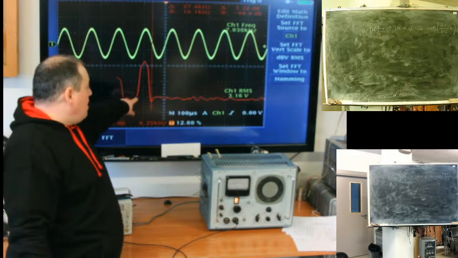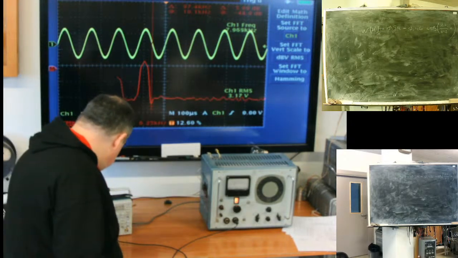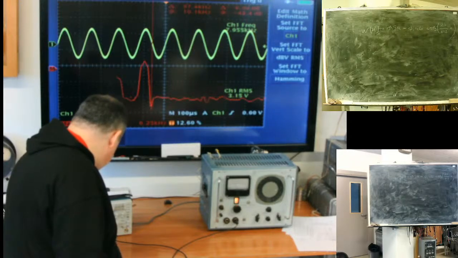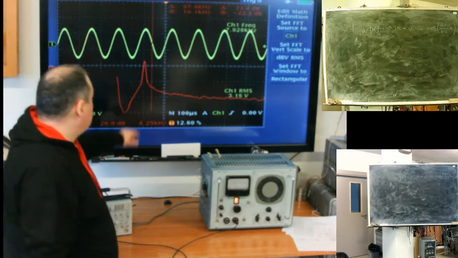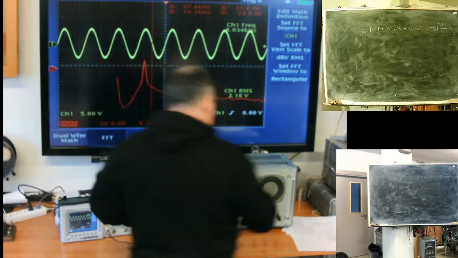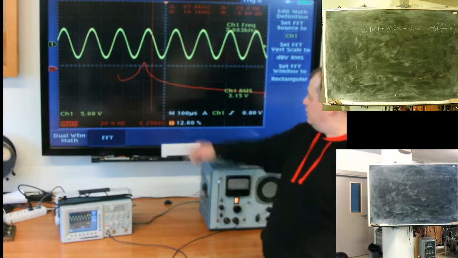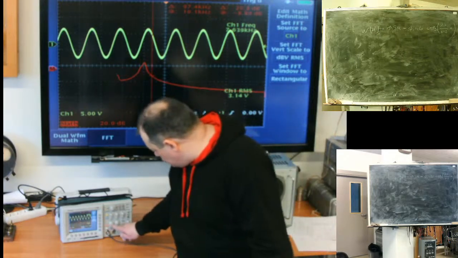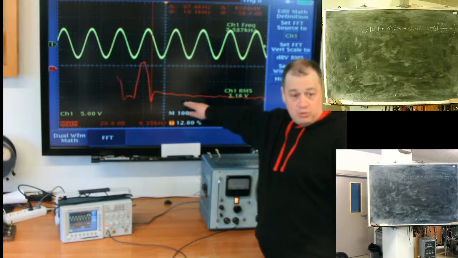It becomes wider. But this one is a bad one. You see what the baseline is? I switch to Hamming and it goes much lower.